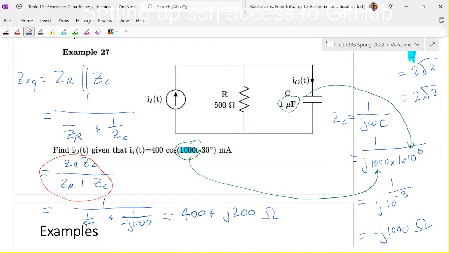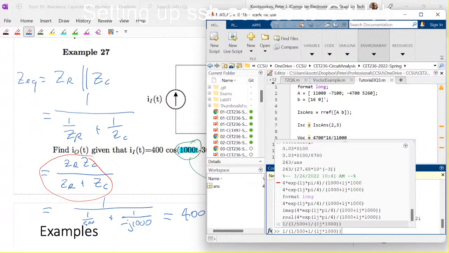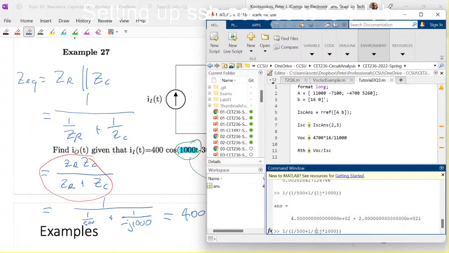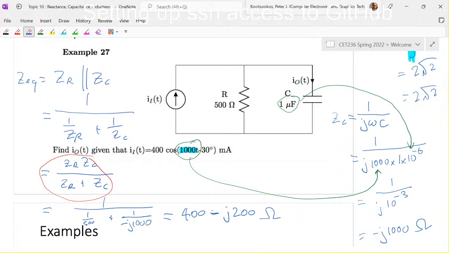Oh, you mean in MATLAB? Yes, you're right. Sorry. I should have put a minus sign there. Yeah, okay. And that's going to change the sign. Thank you. Right, so that's going to be a minus sign. Okay. So there's our Z equivalent.